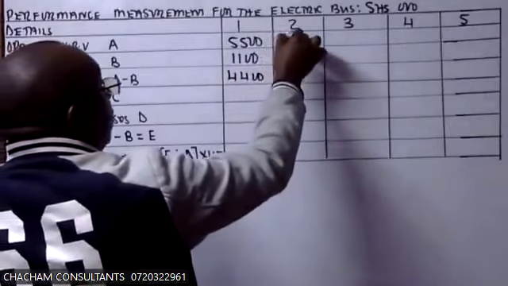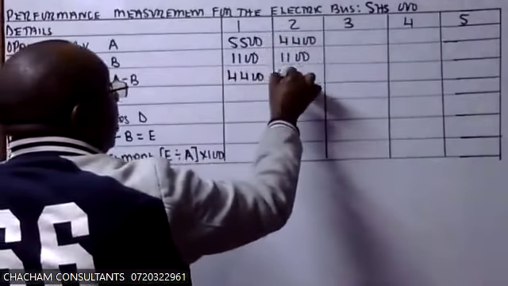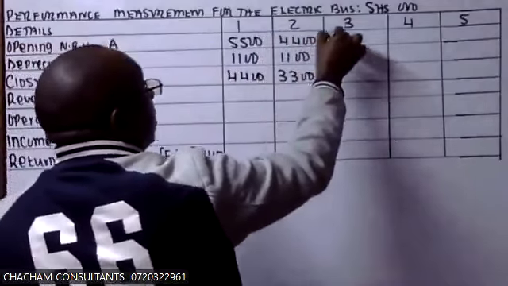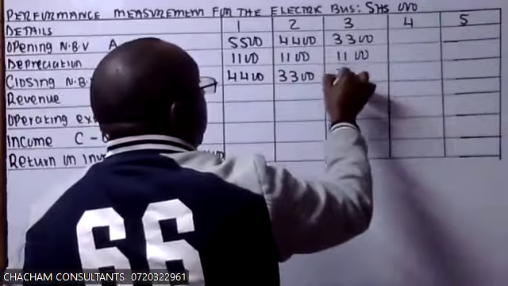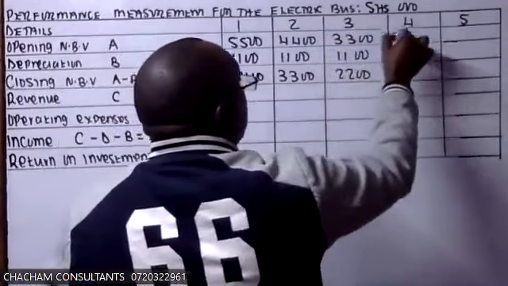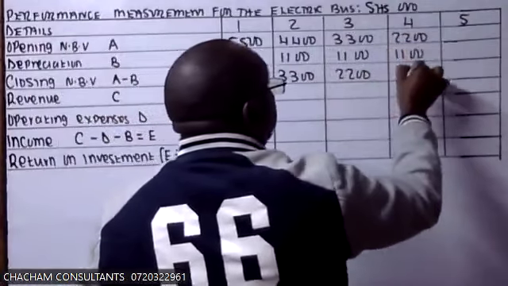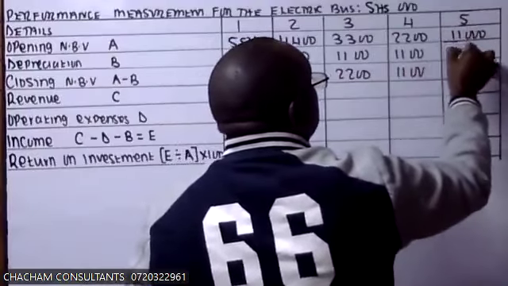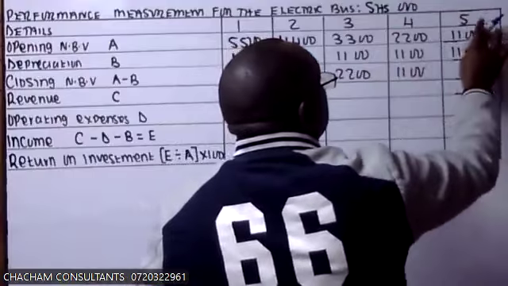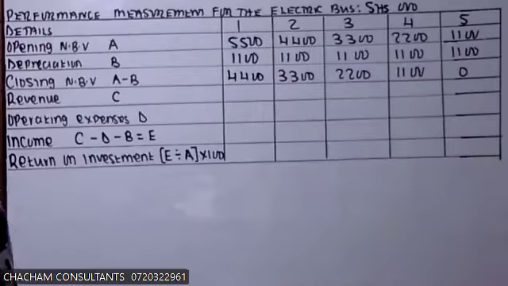Then 4,400 tutoe hii 1,100, tabaki na 3,300. Tung'oe this one, we are left with 2,200. Yeah, that way.